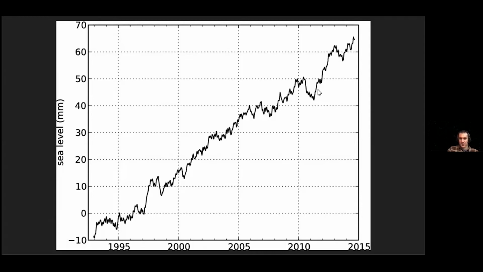In more recent years, since 2010, it's been increasing more like 5 millimeters per year, which doesn't sound like a lot if we're talking about millimeters, but this is the global average. There are definitely regional differences, some areas where it's increasing much more rapidly than others.